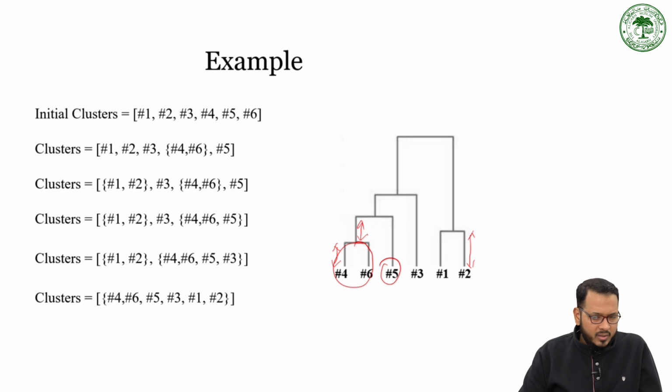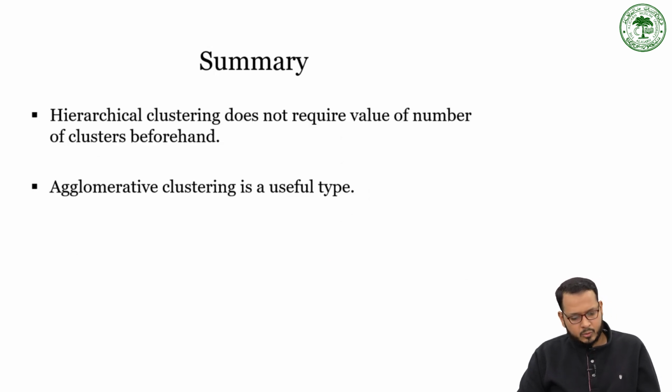And this is how this dendrogram is created. So in summary, we discussed hierarchical clustering, and the benefit is that it does not require a predefined number of clusters, and agglomerative clustering is one of its types which can be implemented using Python very easily, as we will see very soon.